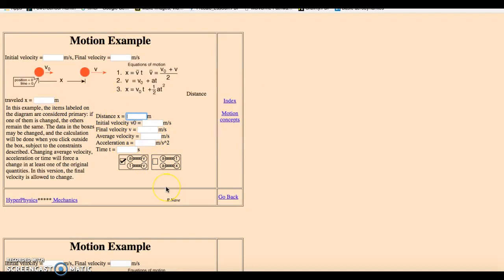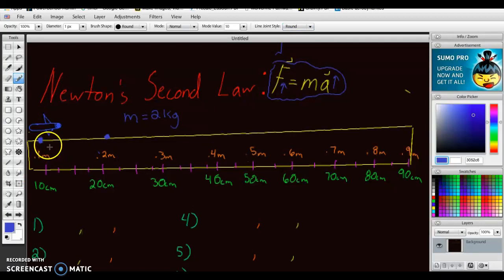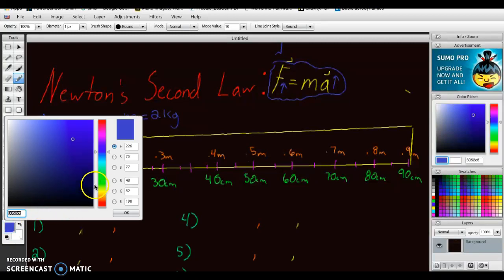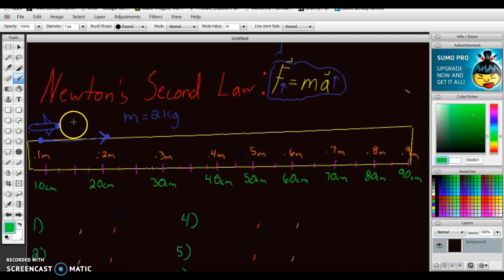So it went from 0.1 to 0.2, and let's say it has a time of 3 seconds.